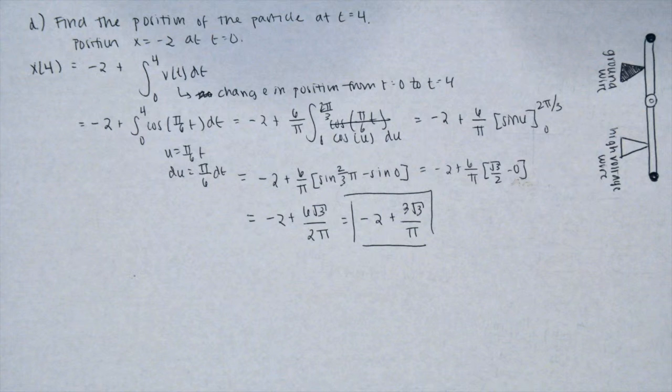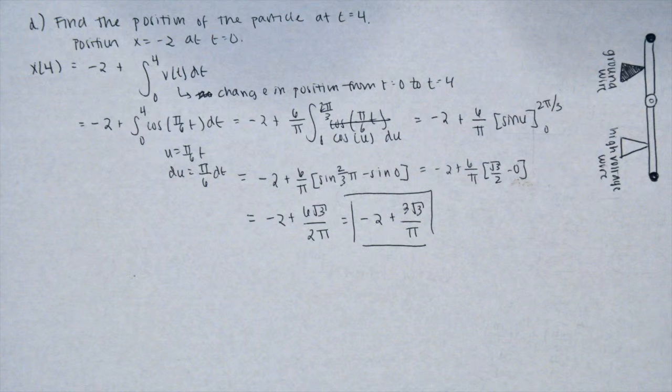So all we really need to apply to this problem, firstly, is that the integral of v of t from 4 to 0 is the displacement that the particle has traveled from 0 to 4. So basically, what's the change in position from 0 to 4? And we're going to need to add that onto the initial position in order to get the total position at the end at t equals 4.